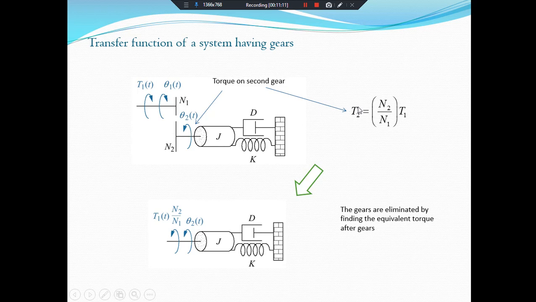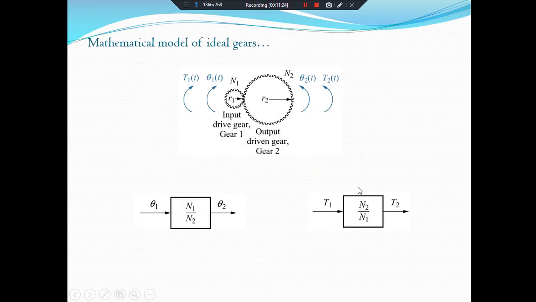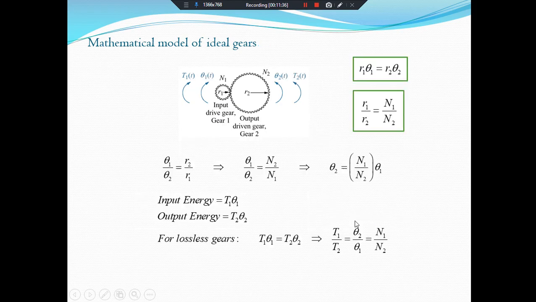The torque on the second gear or output shaft will be T2 equal to N2 by N1 into T1, as we have already shown in this diagram, where T1 is the input torque, T2 is the output torque, and N2 by N1 is the gear teeth ratio.